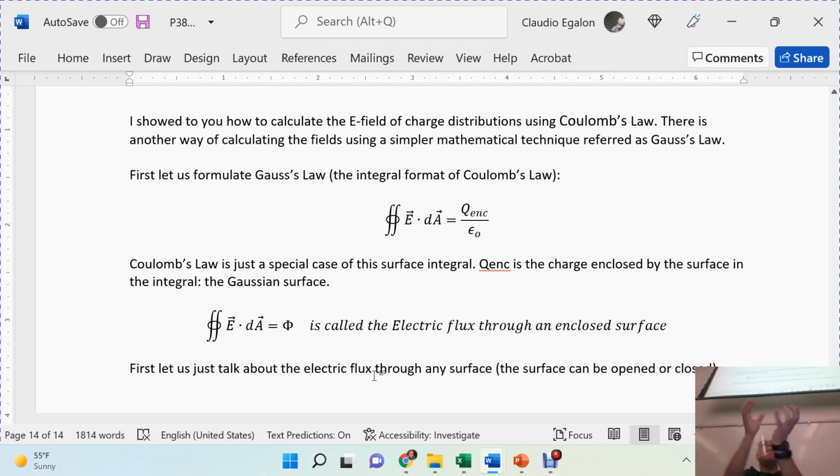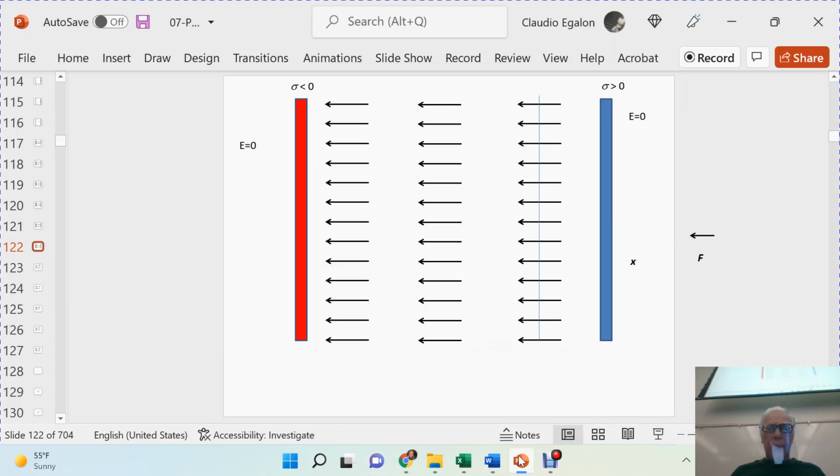Think about the electric charge inside an imaginary sphere. You can take the integral through this sphere and find the electric flux if you know the charge inside. But let's assume that we have an electric field in this volume, right? That we know is generated by this type of configuration.